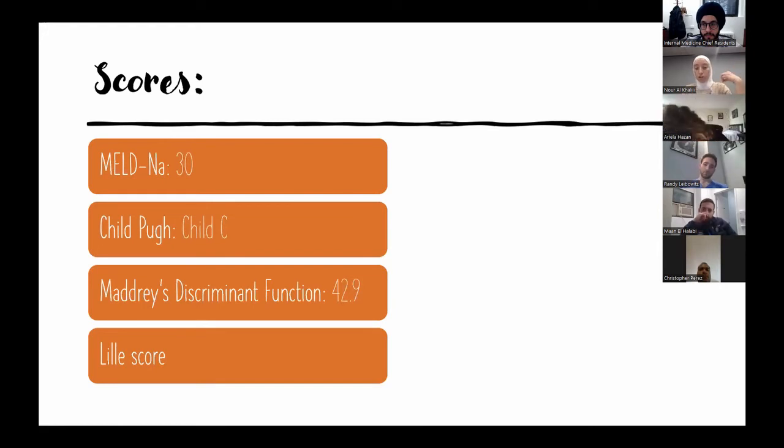How about Child score? What's the benefit of calculating Child score in general in a patient with cirrhosis? I think that's one of the scores that is usually used to evaluate for a liver transplant. Yeah, so liver transplant.